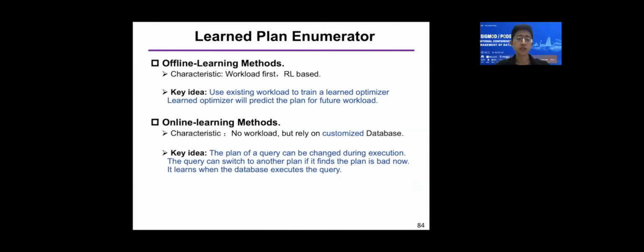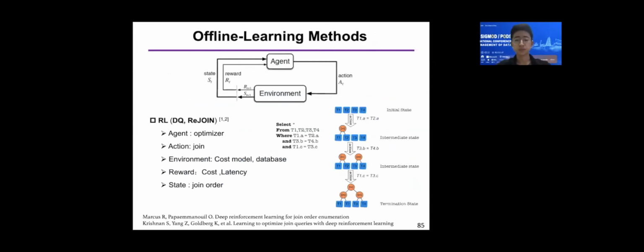The first one is offline. It uses an existing workload to train a learned optimizer, and the learned optimizer will predict the plan for future workloads. And another is online methods, in which the plan of a query can be changed during execution, and the query can switch to another plan if it finds a better plan, and it can learn when the database executes the plan.